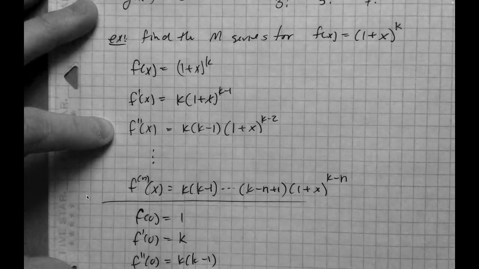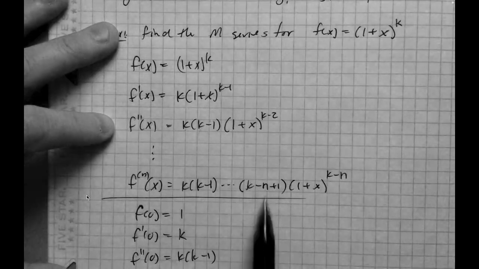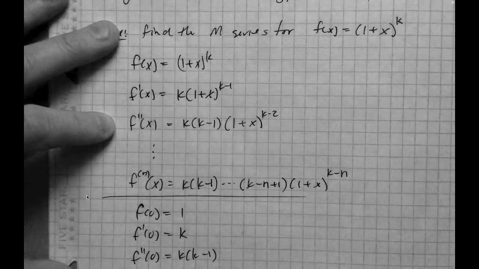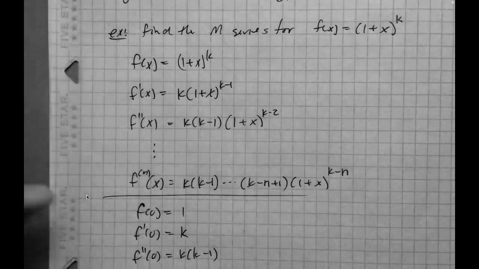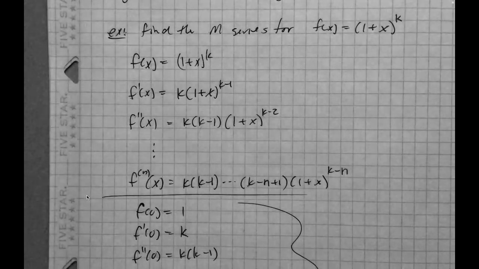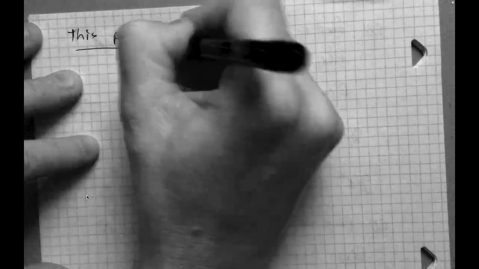And f of n of 0 should be this whole string here: k times k minus 1 up to k minus n plus 1. Okay, so we've got that. So this is what we need really to form the Taylor series for this guy, the MacLaurin series, centered at 0. Okay, and what does this produce?